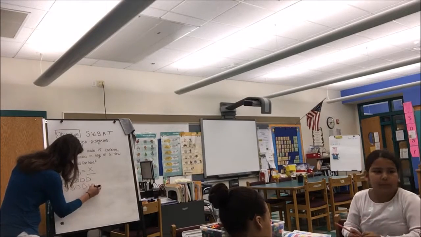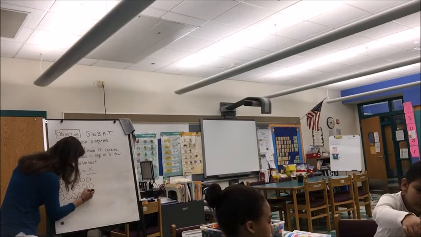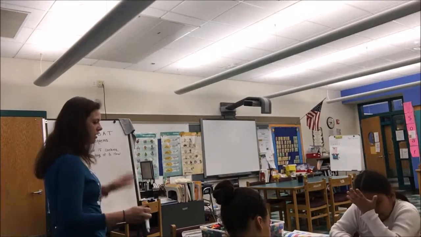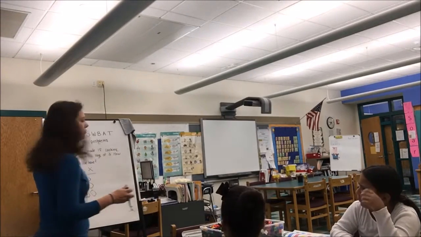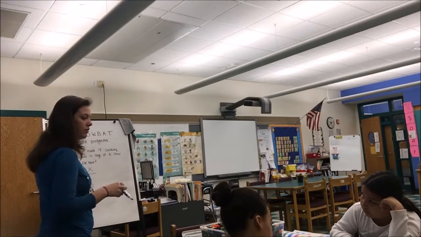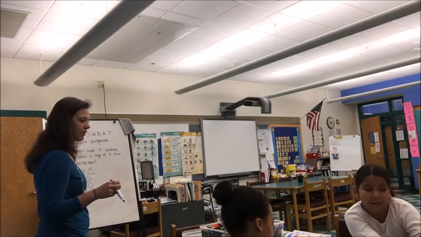Okay, then Nicole, how many would I put in each group? How many do I need in each group? I did 18 boxes. 3. Nicole, how many would I need in each group? You already answered it. Okay.